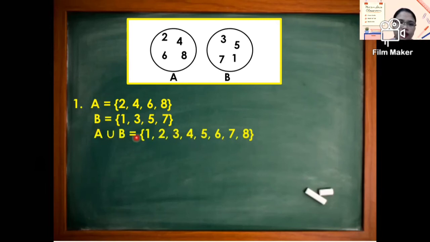A union B is equal to the set of numbers 1, 2, 3, 4, 5, 6, 7, and 8. Pinagsama lang natin siya. Kung ang tanong kung may intersection, A intersect B is equal to an empty set. Kasi wala namang pareho sa A at sa B. Meron lang tayong union pero wala tayong intersection.